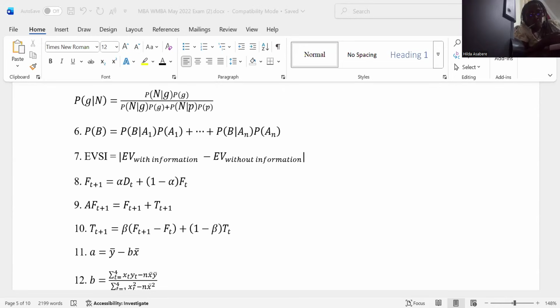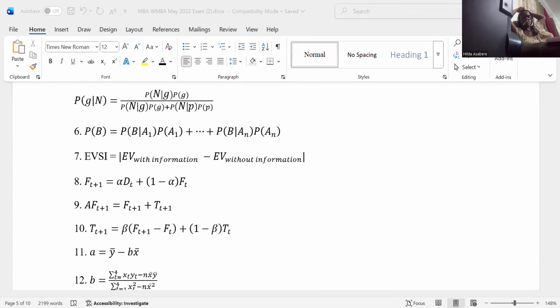Okay. So what is the first part? The first part is forecasting for the next period. Then you have alpha. Alpha is the weighting factor, what you call the smoothing constant. And D is the actual demand presently.